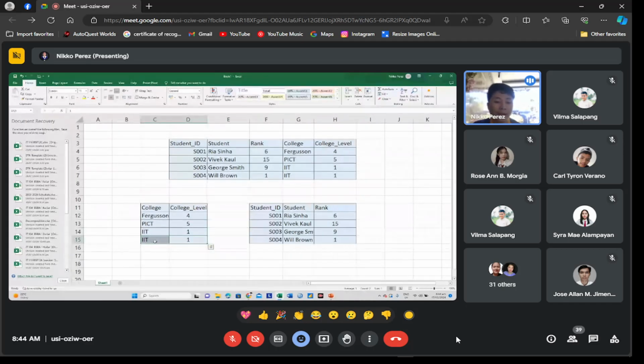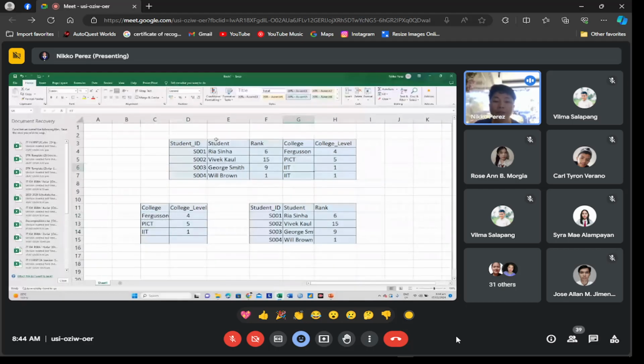Our goal is to break it down and remove the redundancy. If you still repeat IIT twice, then that's still a problem, so kailangan nato siyang i-clear.